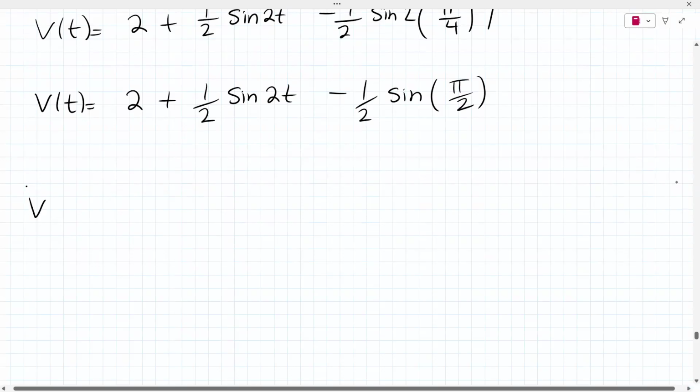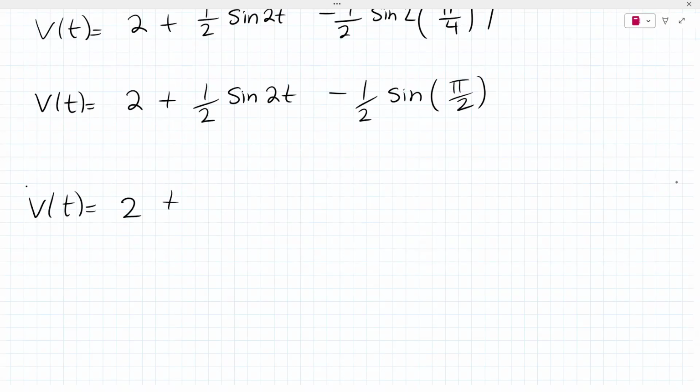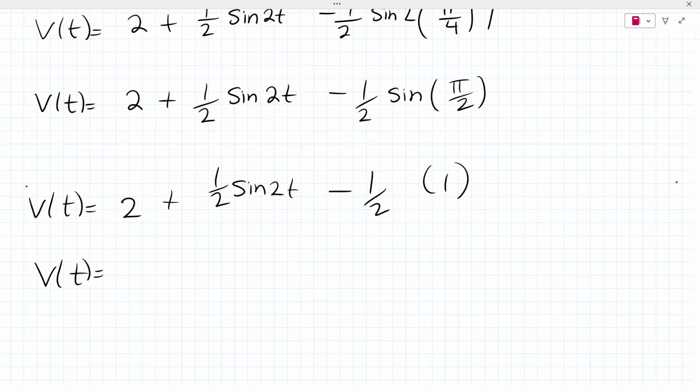And then you get v of t equals 2 plus 1/2 sine of 2t, and then minus 1/2, and sine of pi over 2 is 1. So that means my v of t function is 3/2, because 2 plus negative 1/2 is 3/2, plus 1/2 sine of 2t.